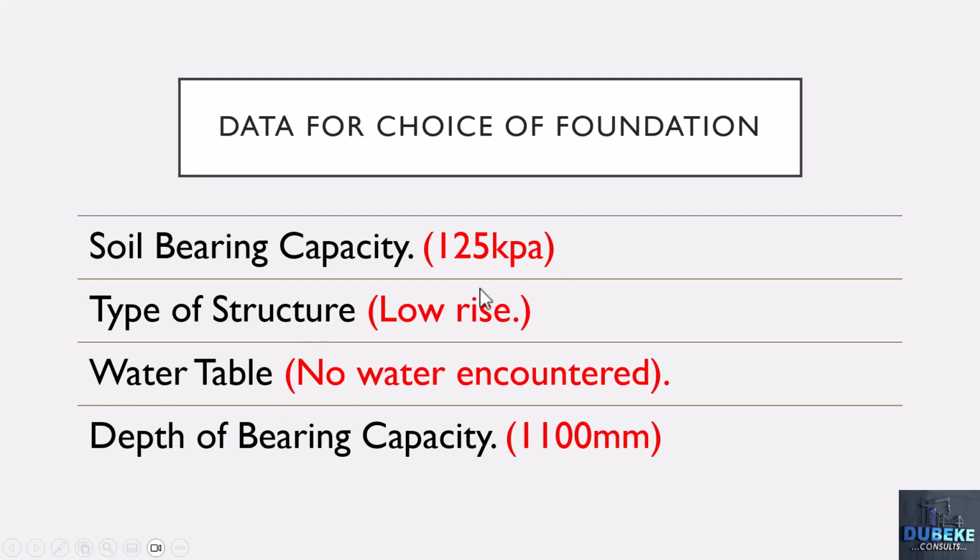Then the type of structure is a low rise. Of course, it's a simple residential structure. Then during the soil test investigation, no water was encountered on the site, and the depth of our bearing capacity, our 125 kPa, was gotten at 1.1 meter, 1100 millimeter. So this is not up to the 2 meters proposed by our code.